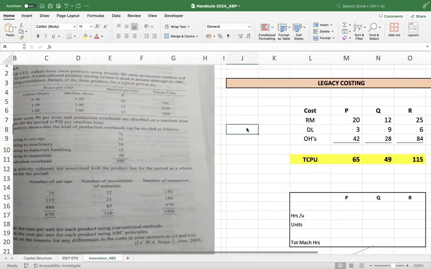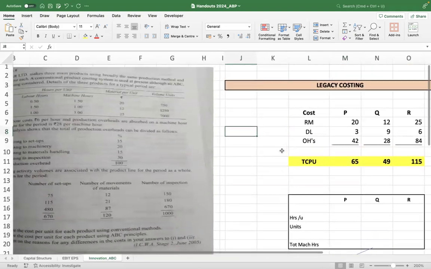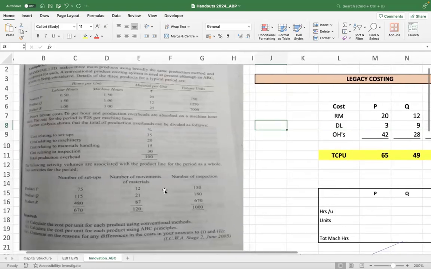Now we will move to activity based costing, जिसके लिए हमें कुछ homework करना पड़ेगा, and that is to find out at least the total machine hours, right?